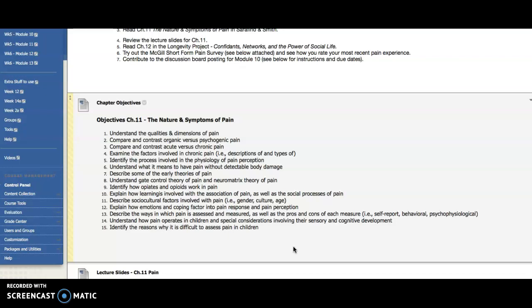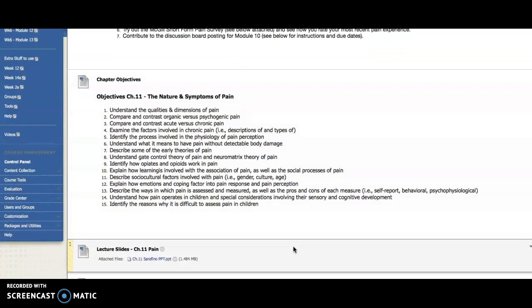So let's talk about the nature and symptoms of pain. You're going to start the chapter off with understanding how pain differs. Not all pain is created equal, and people feel pain differently. It's very individual.